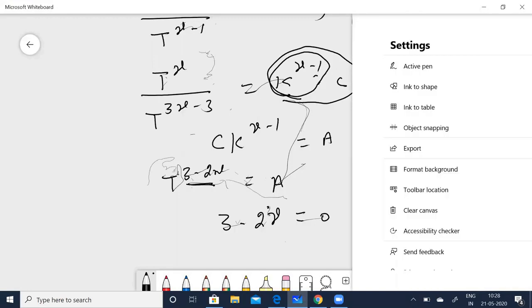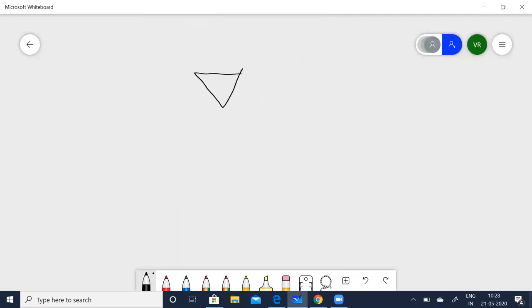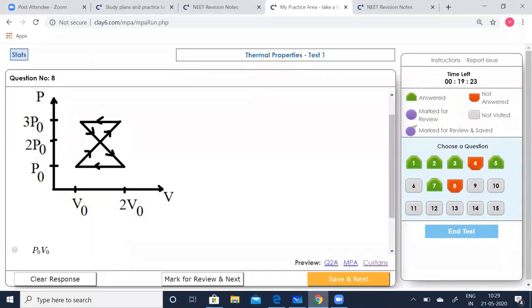Let us mark this as O, A, B, and this as C. Now you can see that it is going to be in the clockwise direction. A, B, O, A is in the clockwise direction.